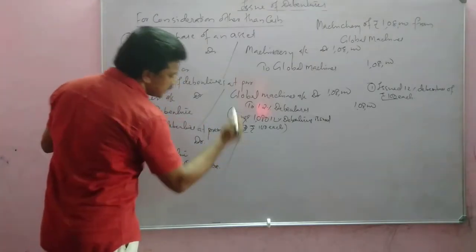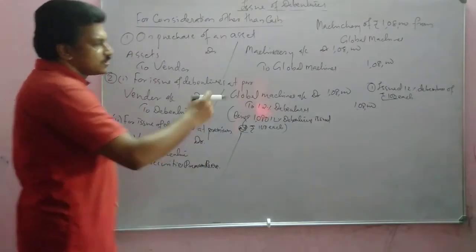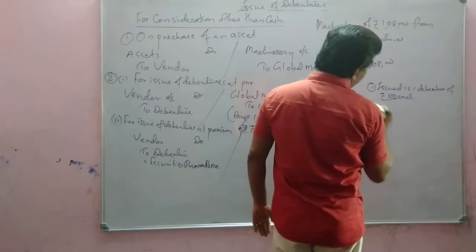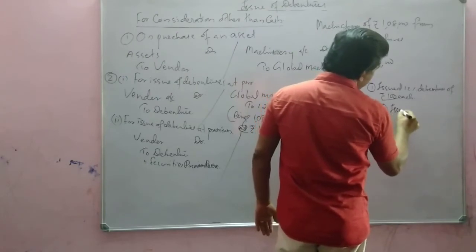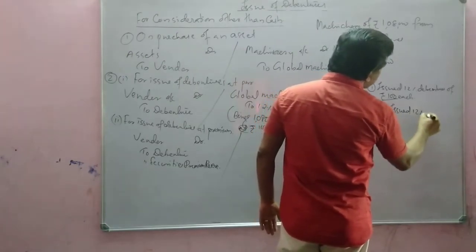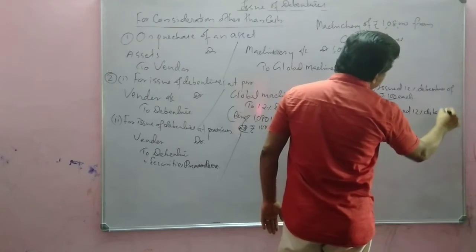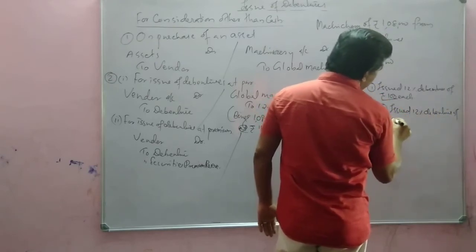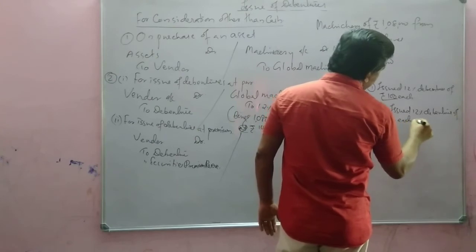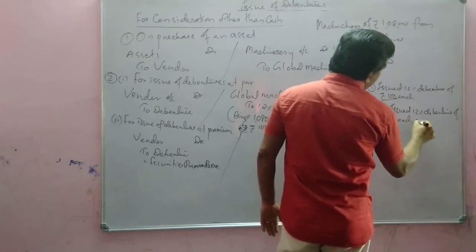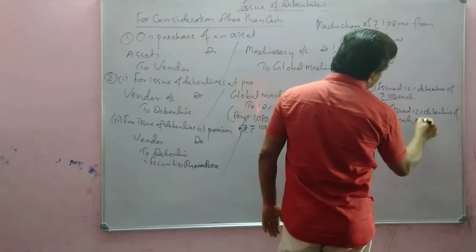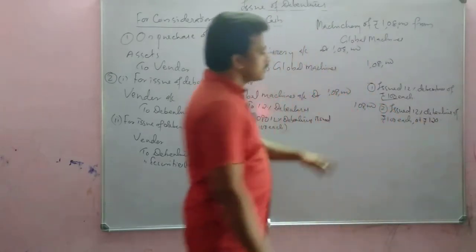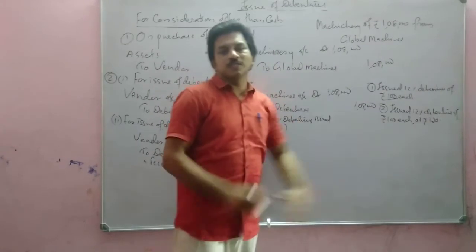So what we will write here as per this equation? Second case: issued 12% debentures of rupees 100 each at rupees 120. So its value is 100 but issued at 120.